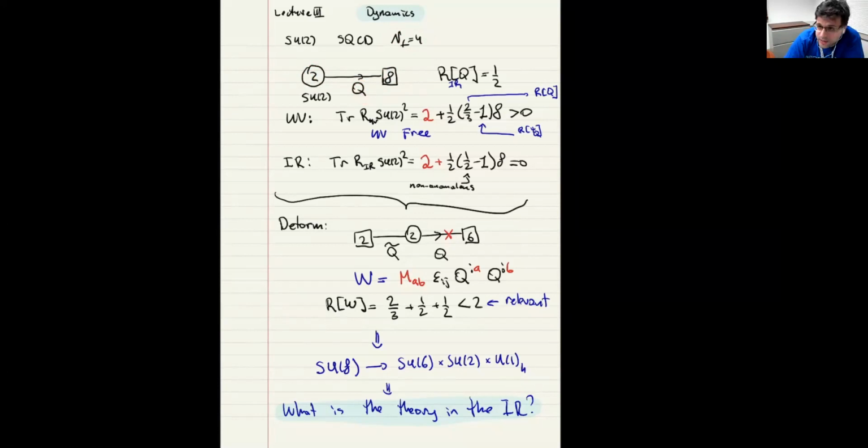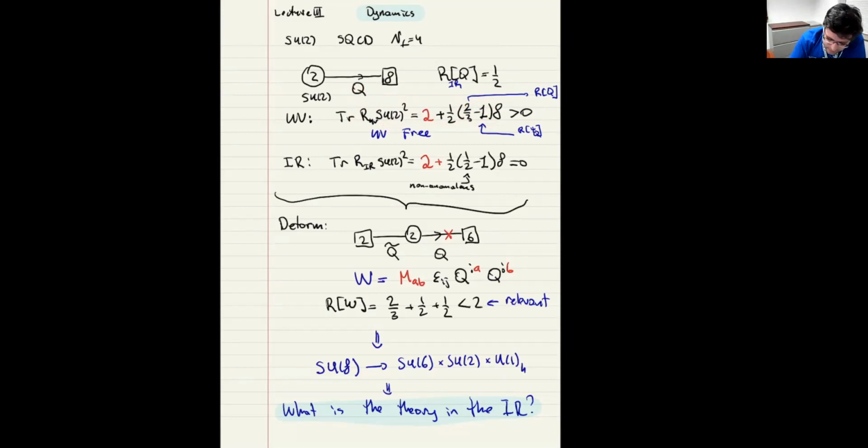This theory is asymptotically free, as can be verified by computing this 't Hooft anomaly, as we discussed. So we start in the free theory. The free R charges that we assign to the Qs are 2/3, and then we compute this anomaly. This 2 comes from the gauginos, from the vector multiplet. Then we have this contribution of the Qs. This is the R charge of the fermionic components in the chiral multiplet.